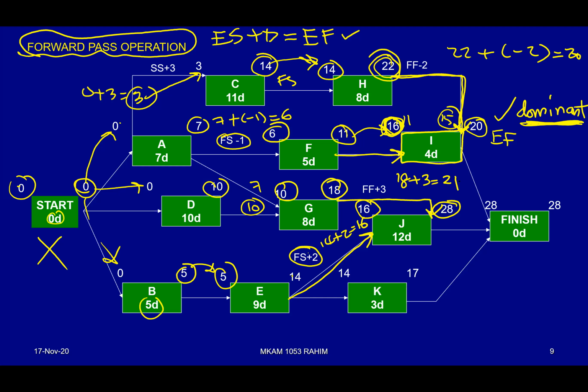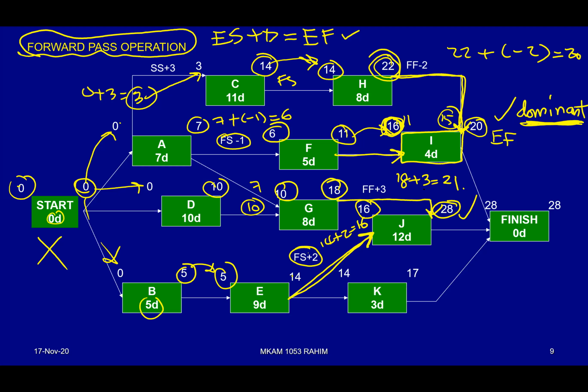So between 21 and 28, 28 is a bigger value. So that's why 28 is there, taking after the predecessor from E. So meaning to say, E is the dominant predecessor, where whatever the value inside E will influence the value that we put inside J.